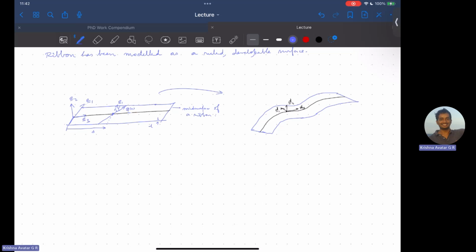Now the way we are going to parameterize it is in the reference configuration.